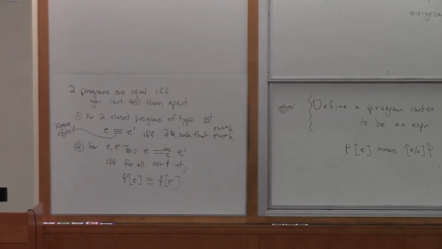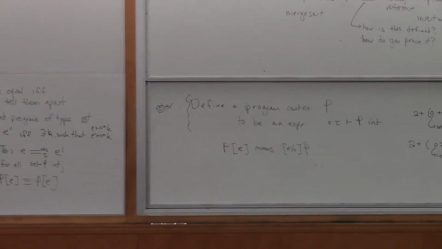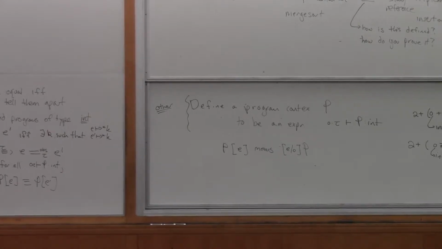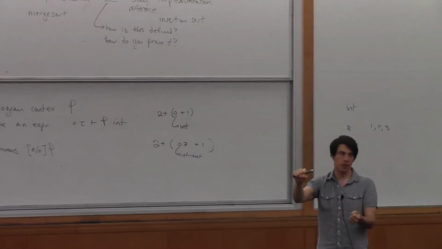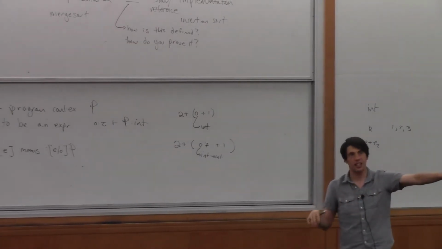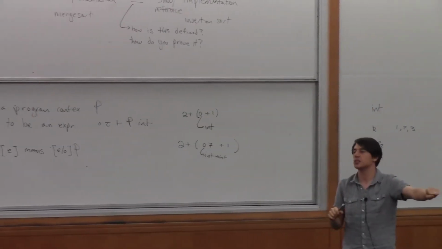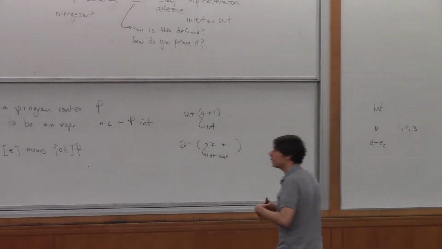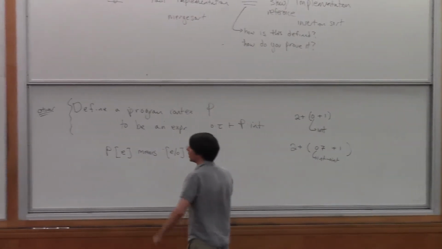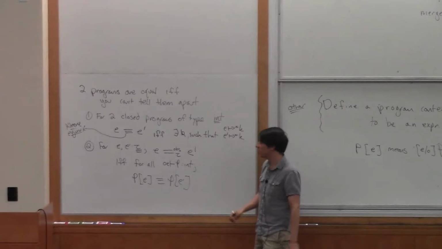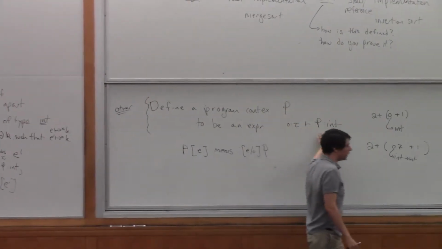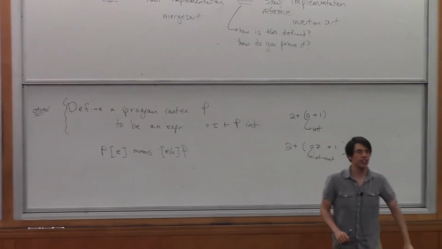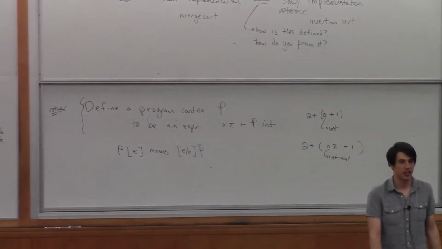You might have more contexts that you can put programs in than programs that you have. That represents the idea that you might have a program written in your nice language that you link with some outside assembly code or some foreign functions. And you might want to think about what happens when you link your program with something written in some other language. But for today, it's easiest to just assume that our contexts are terms with a free variable. So we'll do that to start.